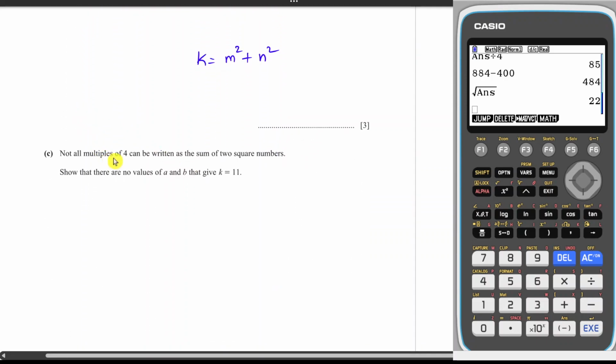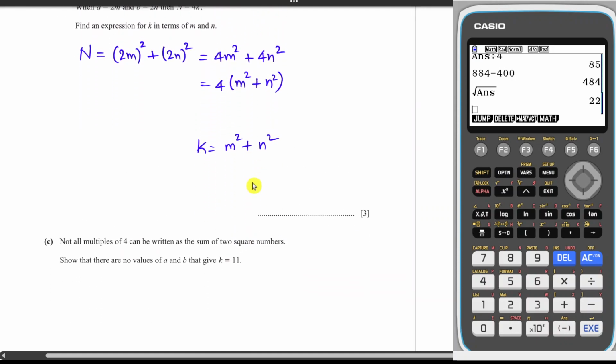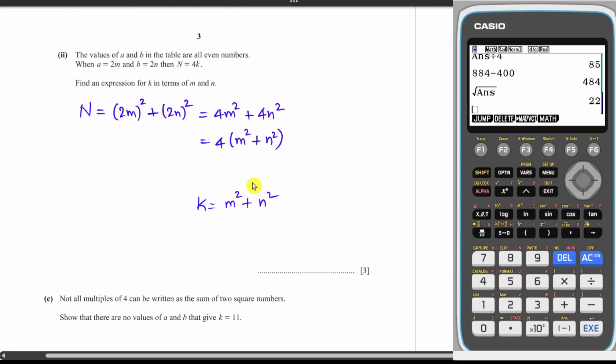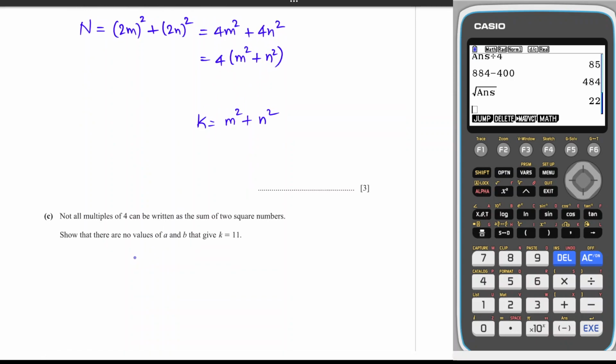Not all multiples of 4 can be written as a sum of two square numbers. Show that there are no values of a and b that give k equal to 11. So n is equal to 4k, which means from this result m squared plus n squared is equal to 11.